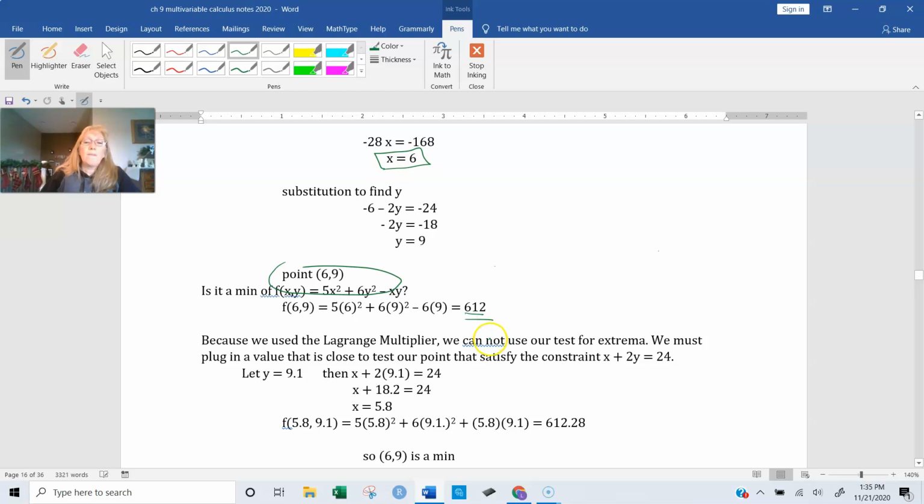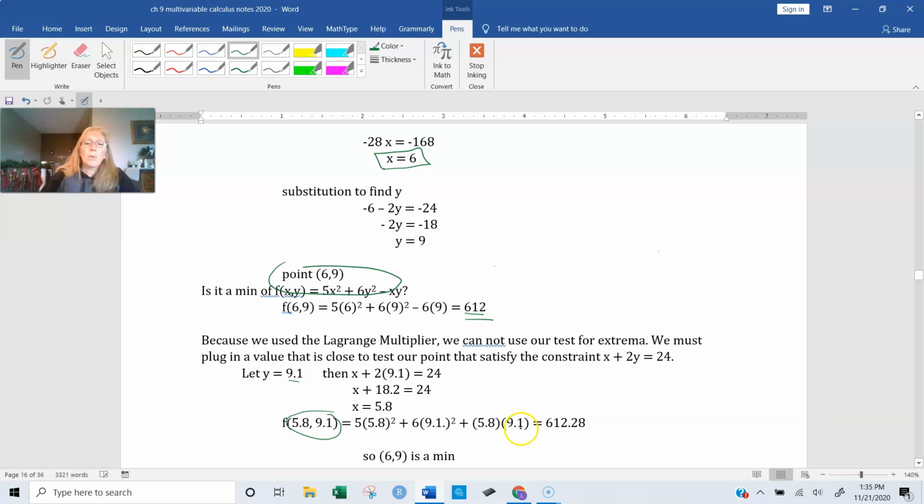And then you pick a value that is close. So I let y equal 9.1. You could have picked x too, it doesn't really matter. Plugged in the 9.1 and I solved for x. So this is a point that is close. So I plugged in this point, and so this is y, so I'm above the y because I'm at 9.1, so I went up.